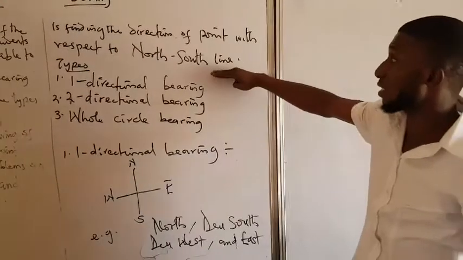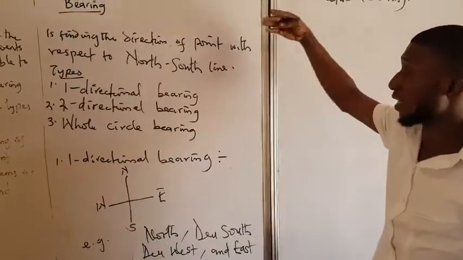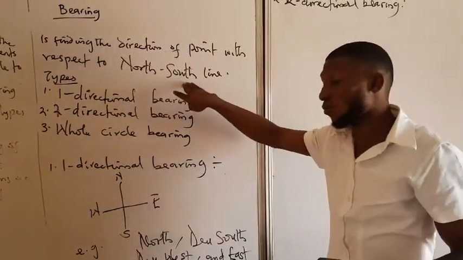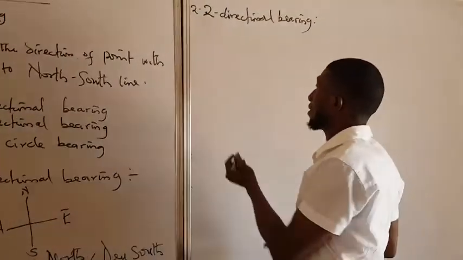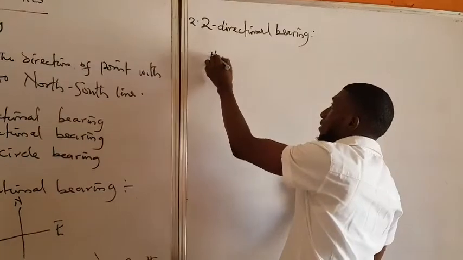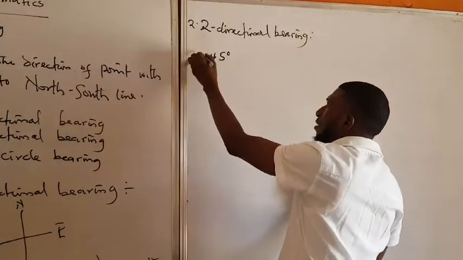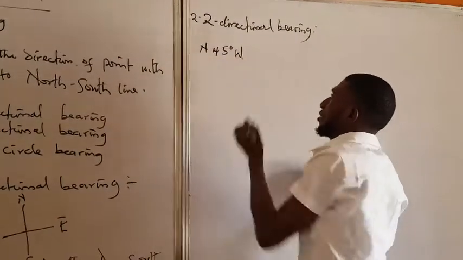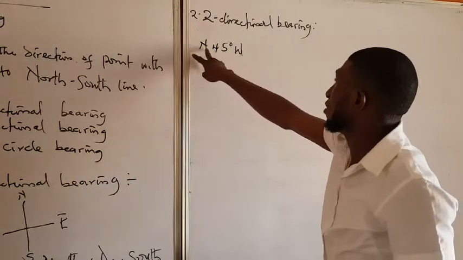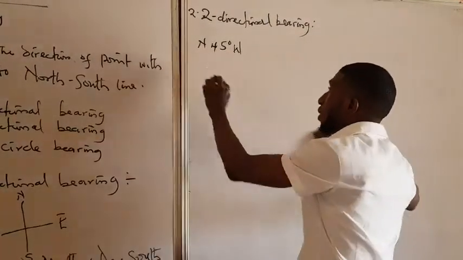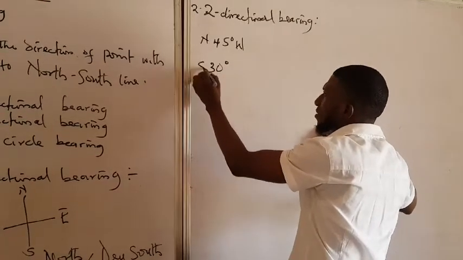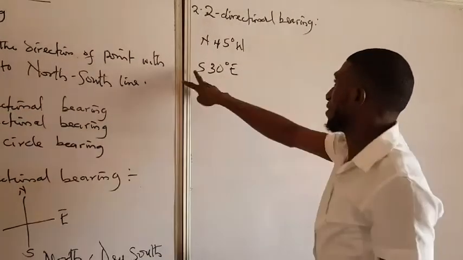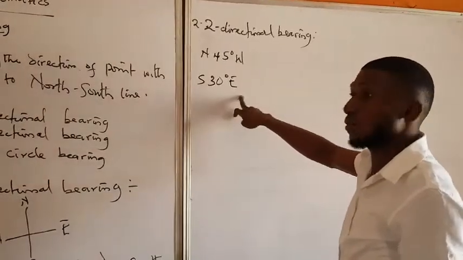Remember I said that bearing is finding the direction of an object with respect to the north-south line. If you are given, let's say, 45 degree north west, it means that the direction is between north and west. Or you are given, let's say, 30-degree south east. It means that the direction is between south and east.